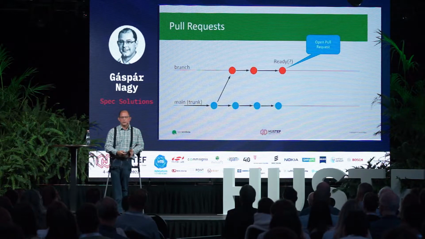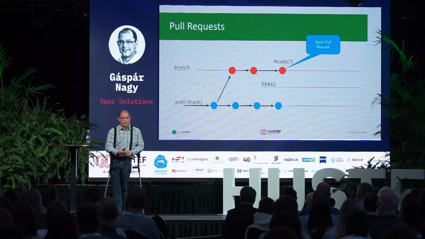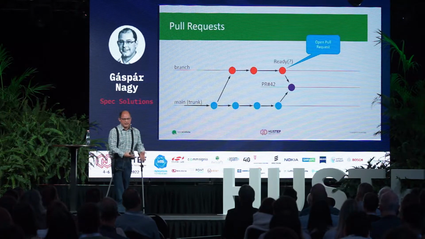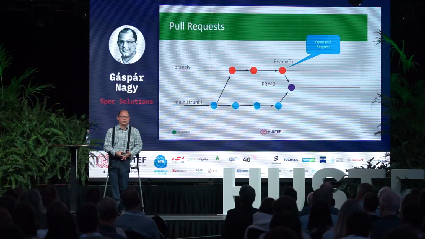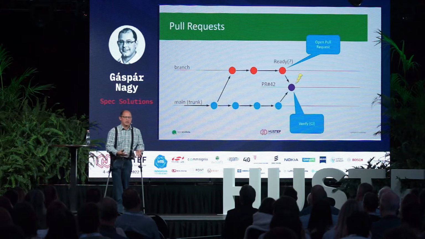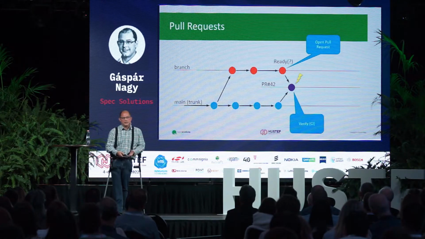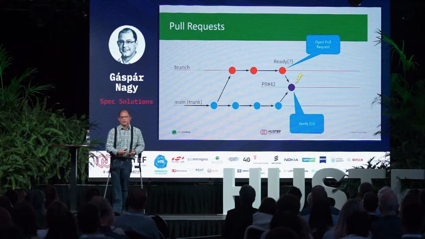When you are opening the pull request, what basically happens in the background at GitHub is that it creates a temporary branch for you, and it merges the thing that you did with the thing that the others were doing so far, and it runs all the quality gates, typically the CI build, so it runs some sort of verification, and it turns out whether there is a conflict or not.